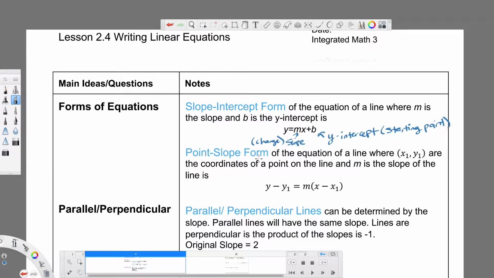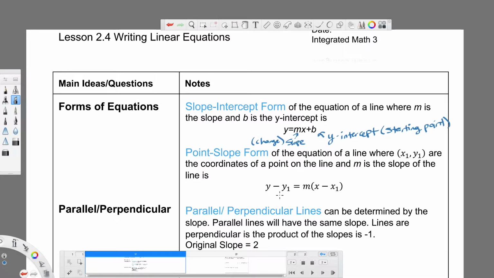Point-slope form of an equation of a line is the equation of a line where x1 and y1 are the coordinates of a point, so just one point on the line, and m is the slope of the line.